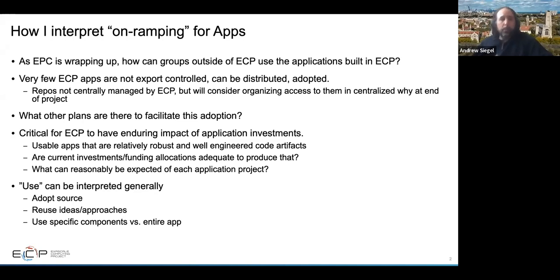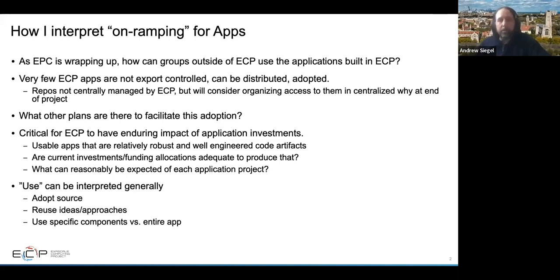But what other plans are there to facilitate the adoption, and what are reasonable expectations, and what do we care about, and what do our sponsors care about? So I think we all agree within ECP that to the extent that it makes sense, it's very important for us to have an enduring impact of application investments. That implies a lot, such as what happens to the applications after ECP ends in terms of sponsorship or whatever.